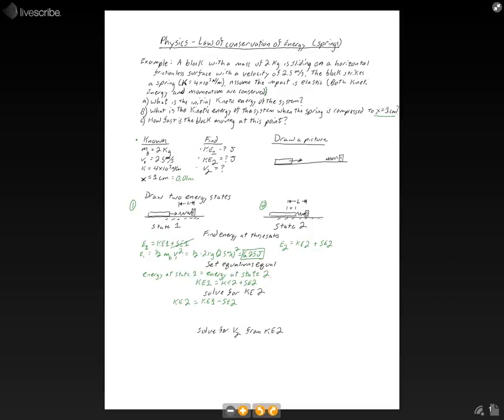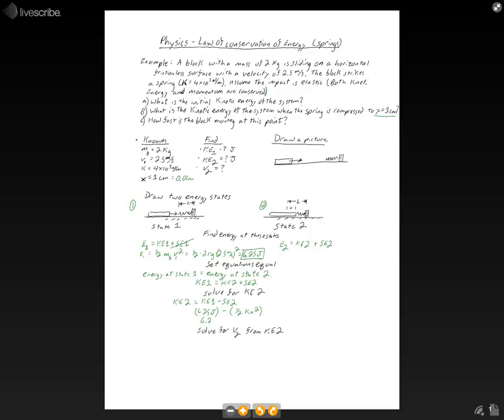We can plug in some of the variables. We know KE1, which we already solved for, is 6.25 joules. And the spring energy is going to be 1/2 k x squared.